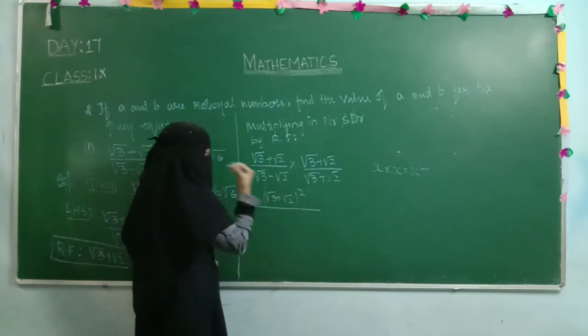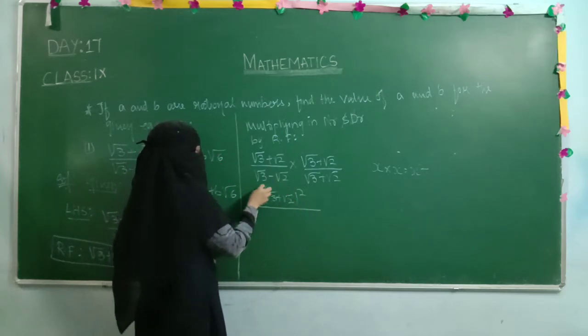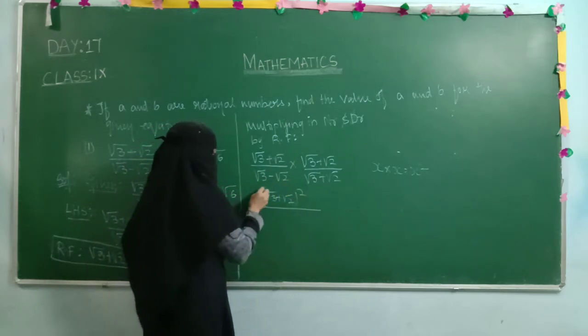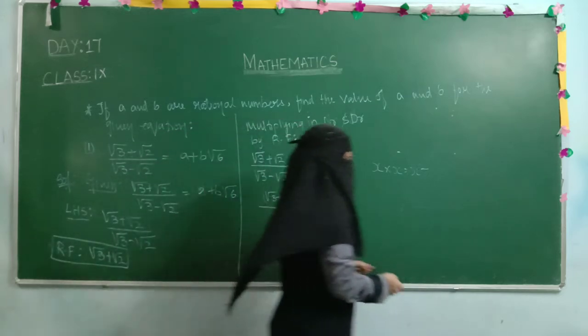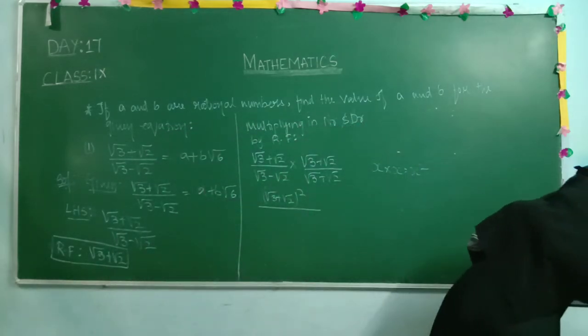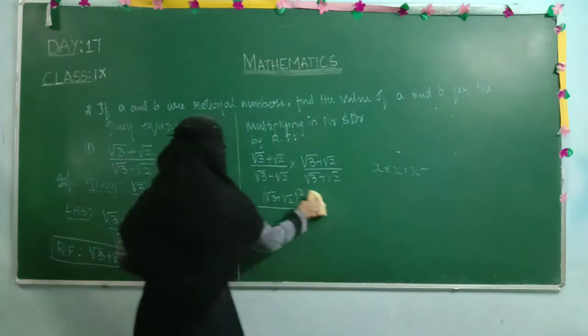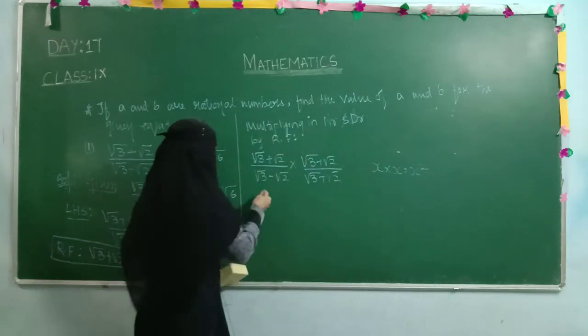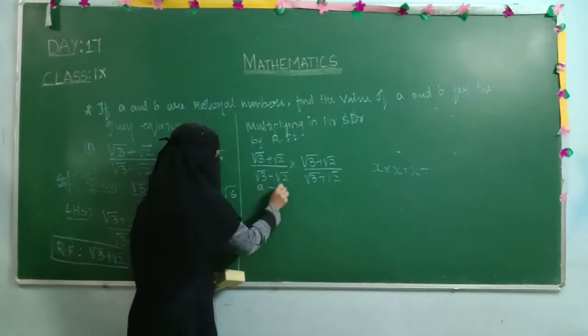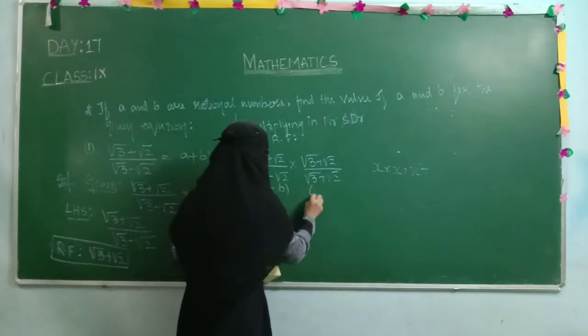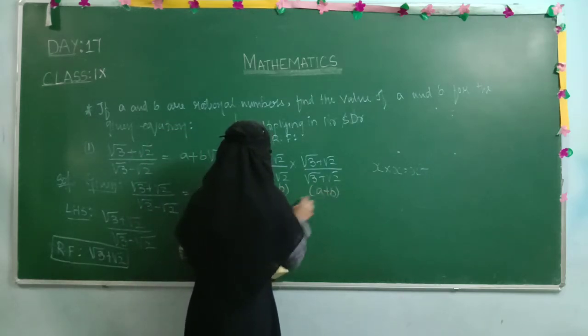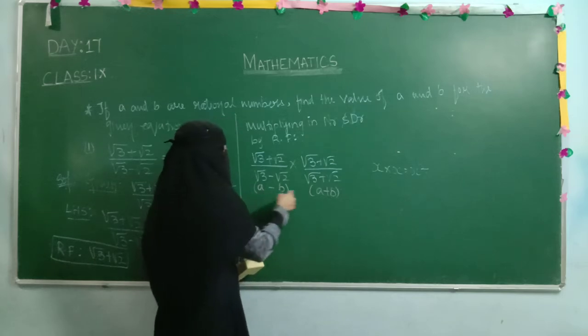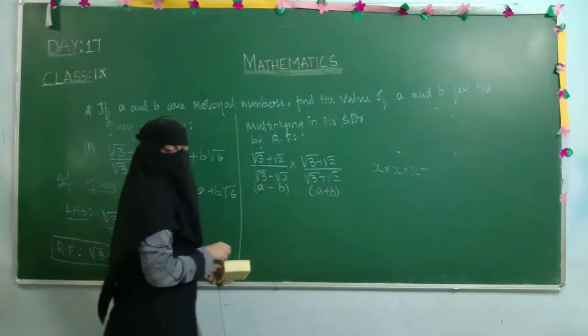Here you are observing this in the form of a minus b, a plus b. With a different color chalk, I will show you. This is a minus b and this is in the form of a plus b. So when we are having a minus b, a plus b form, we have a square minus b square.